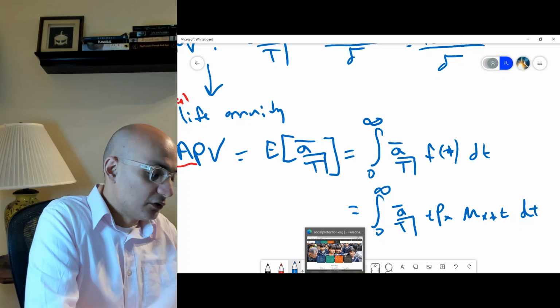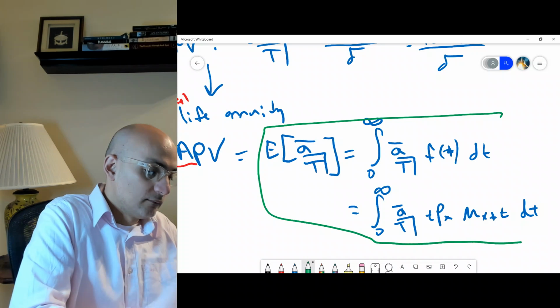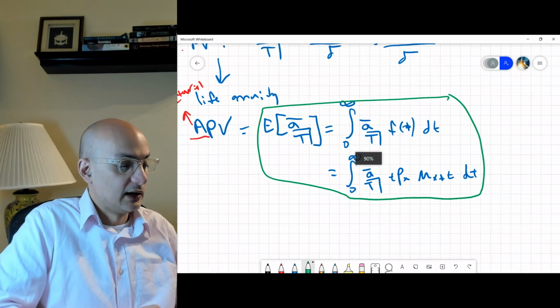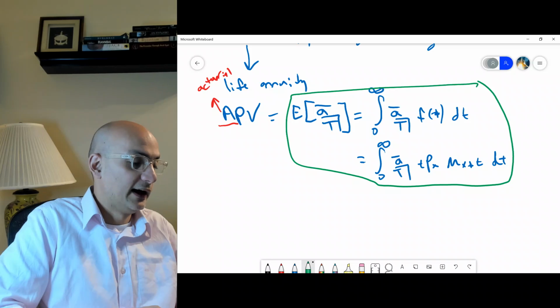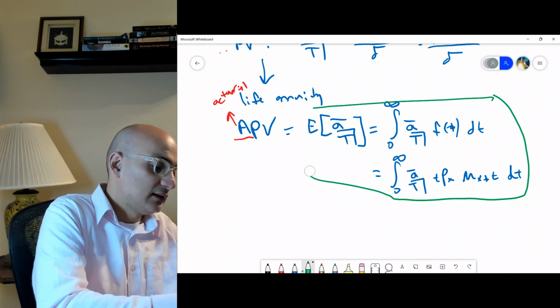This is the general form for the actuarial present value, and we need to give it another notation.